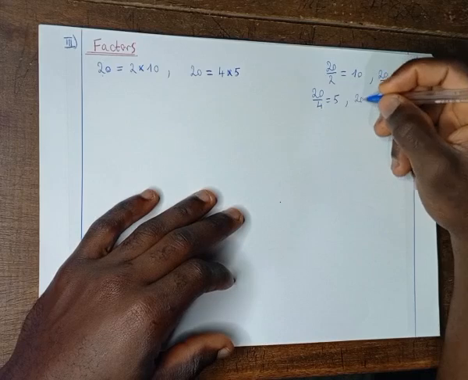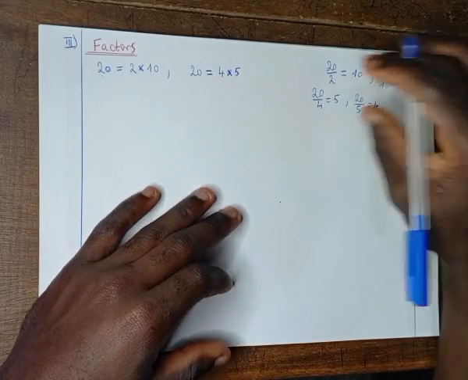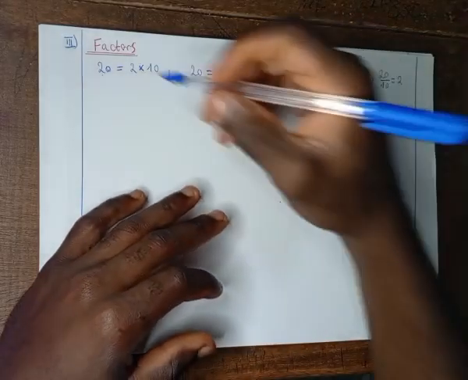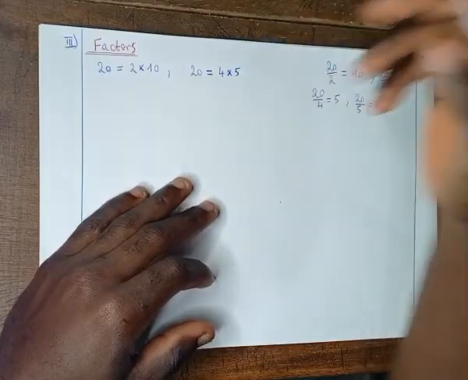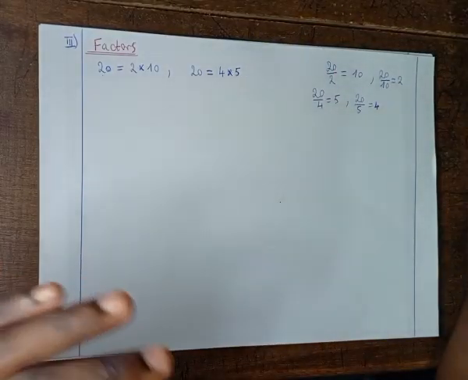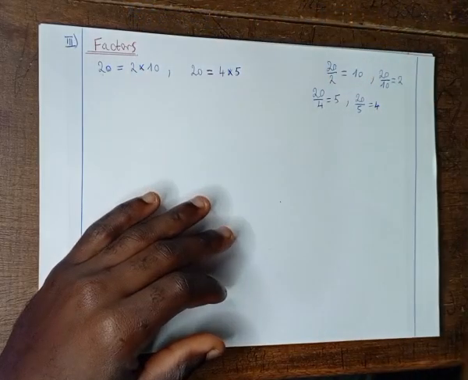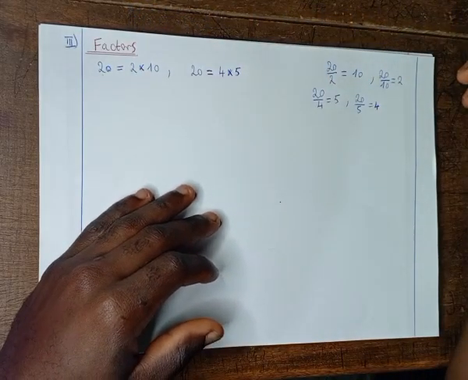If we divide the number 20 by 5, it gives us 4, which is a whole number. You see that all the remainders, when we perform the division by 2, by 10, by 4, or by 5, will be 0. So these numbers are said to be the factors of the number 20.